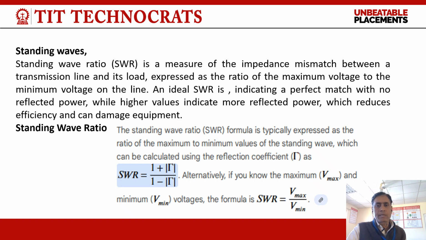Ideally, an SWR of 1 indicates a perfect match with no reflected power, while higher values indicate more reflected power, which reduces efficiency and can damage equipment. Standing wave ratio is equal to 1 plus rho upon 1 minus rho, where rho is the reflection coefficient.